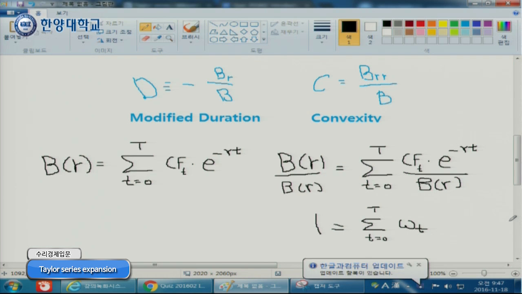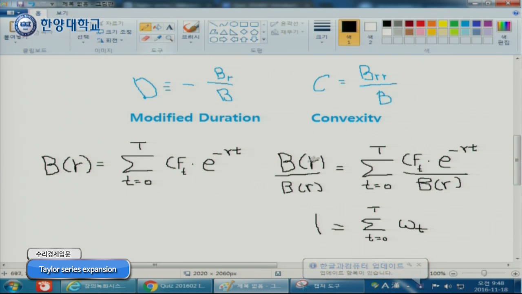Importance of cash flow occurring at time t. Right? Again, very important. W_T is the importance of cash flow occurring at time t. Very important. Let me write it down.